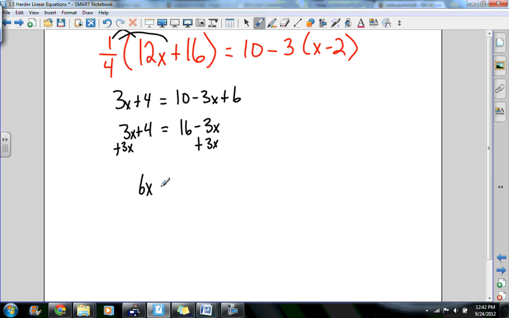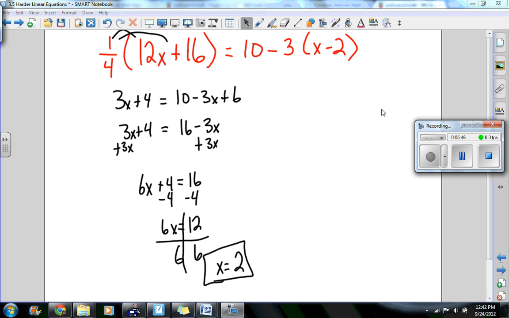So I get 6x plus 4 equals 16. Subtract 4. 6x equals 12. Now I divide by 6 on both sides. And so I get x equals 2.